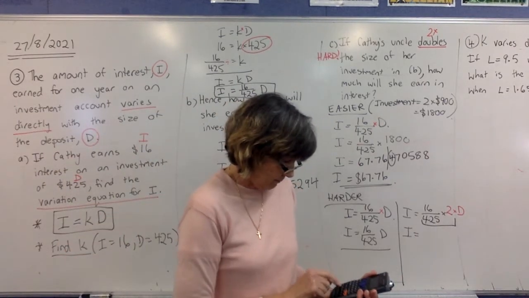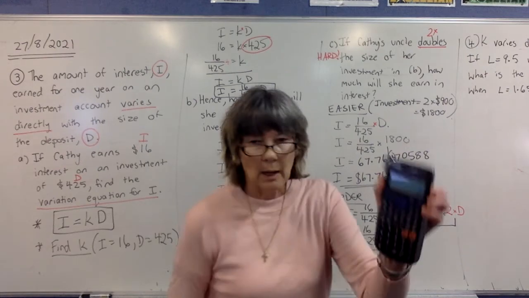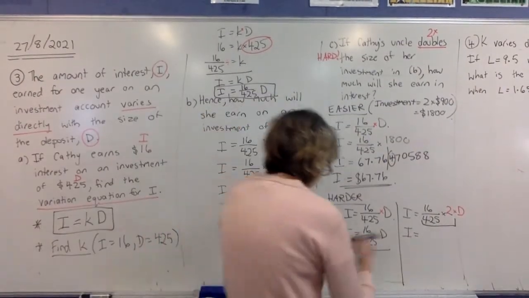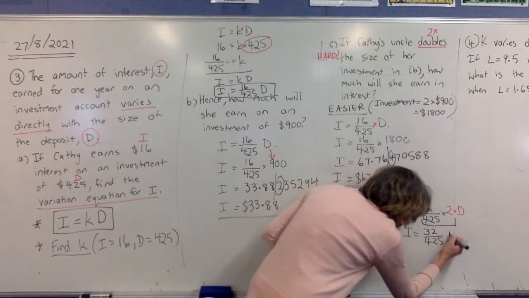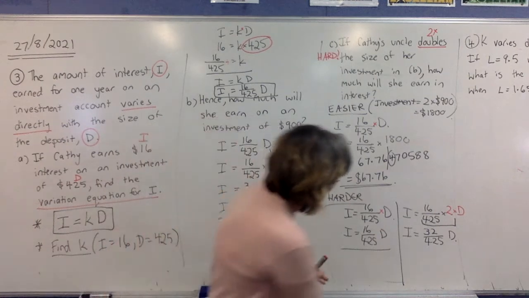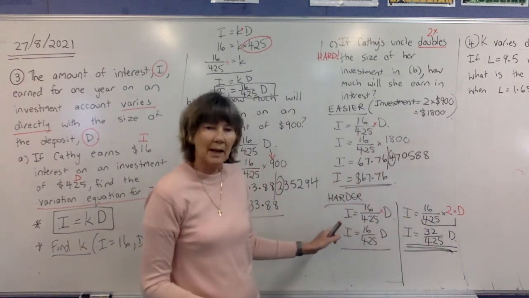Now, if we do that, yeah, we're just going to get 32 over 425. And down the end there. Now, what they want you to see is how this answer has changed from this answer.